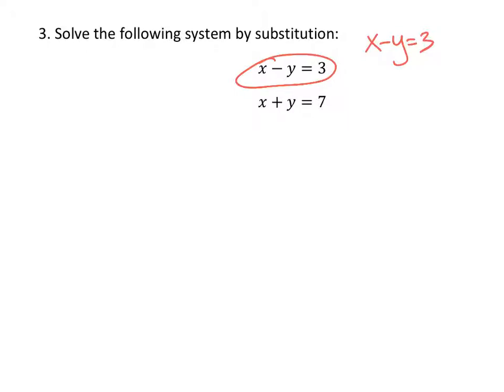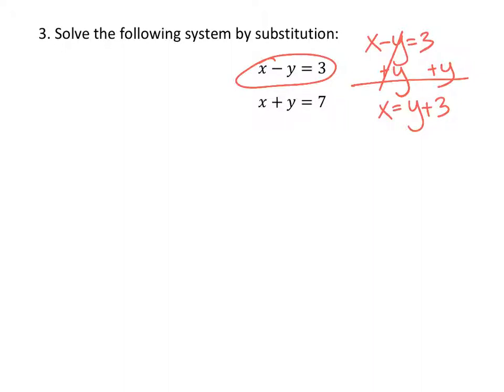The y. And how do I move that y? Inverse operation. What is the inverse operation? Addition. What I do to one side, I have to do to the other. And the y's would eliminate from the left so that I still have the equation x equal to y plus 3.